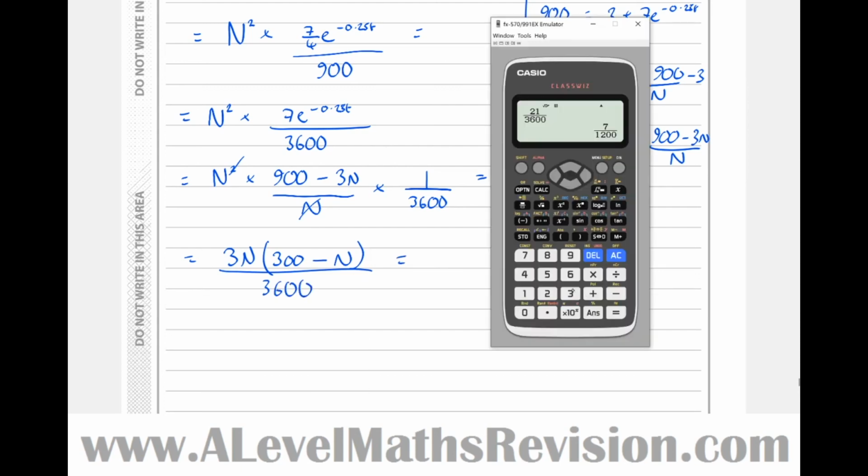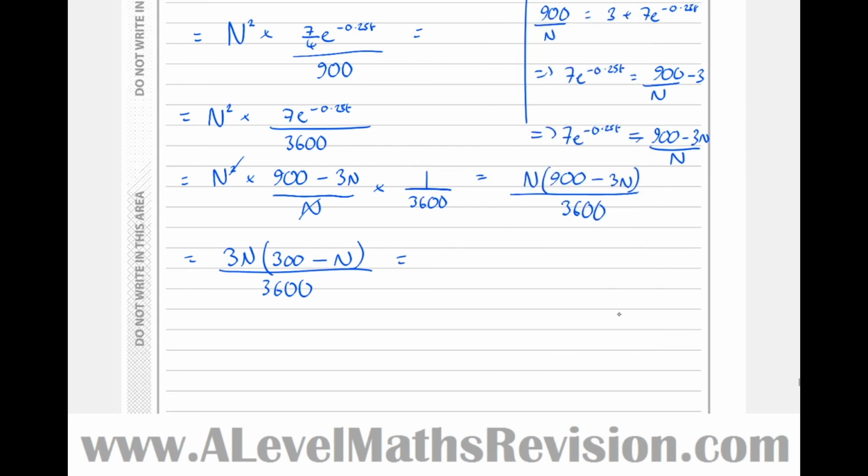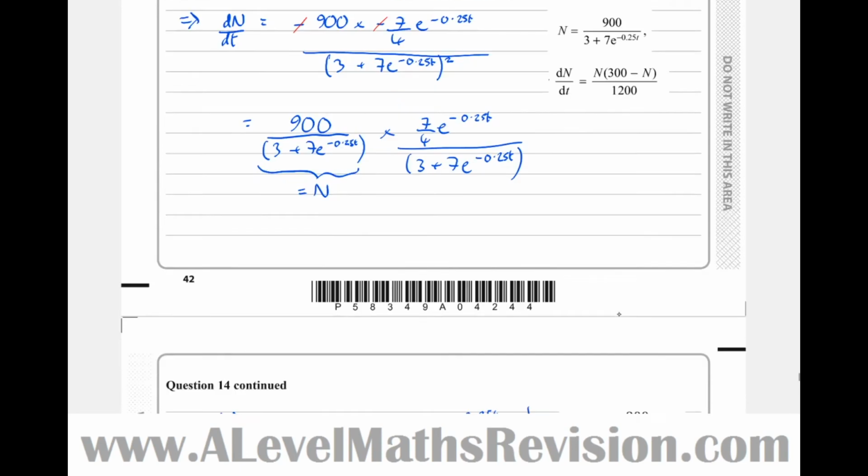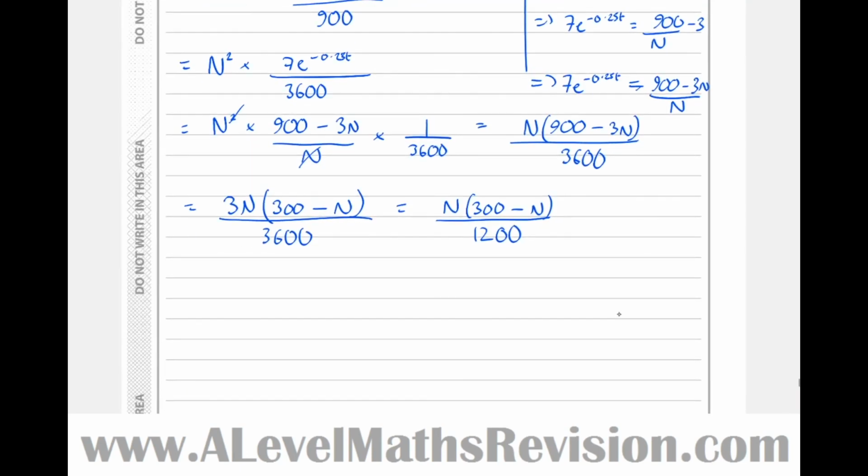Let's simplify it. 3 over 3600 equals 1 over 1200. So equals n (300 minus n) over 1200. Let's just check that was what we're asked to find. Indeed it is. n (300 minus n) over 1200.